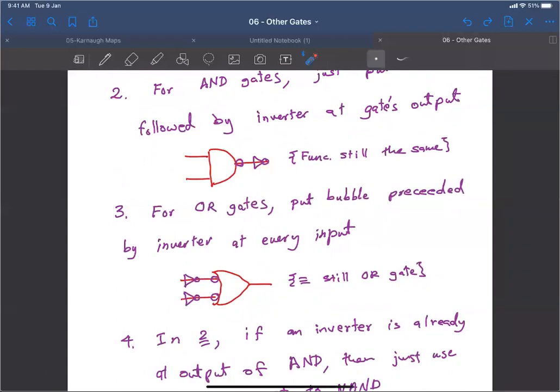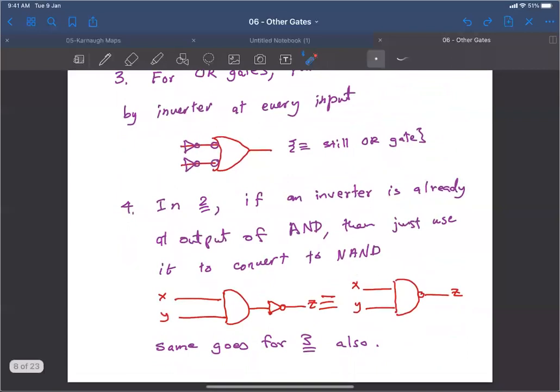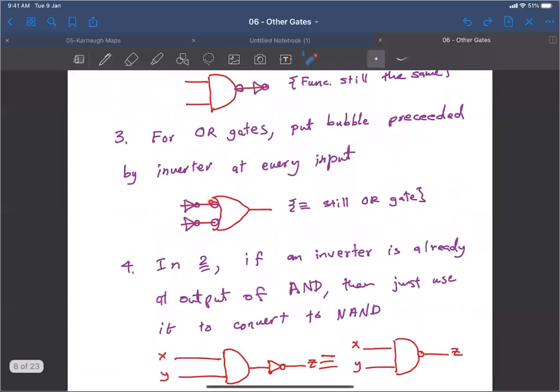In this case, you use this inverter to convert the pure AND gate to a NAND gate, just by pushing it back and changing it to a bubble. The same applies to this scenario here. Maybe you already have an inverter, so you don't put a bubble here and then invert it, but rather you use this as your bubble.